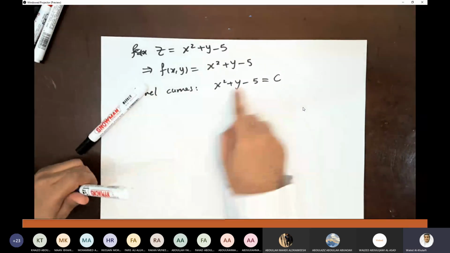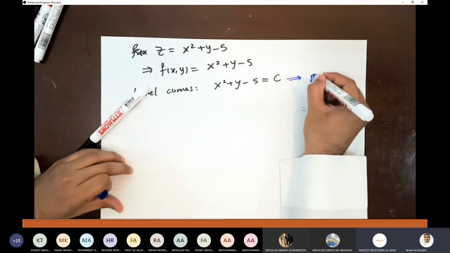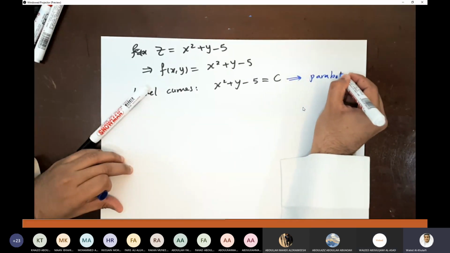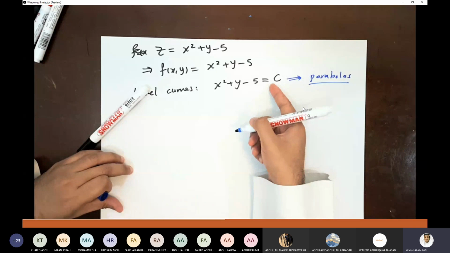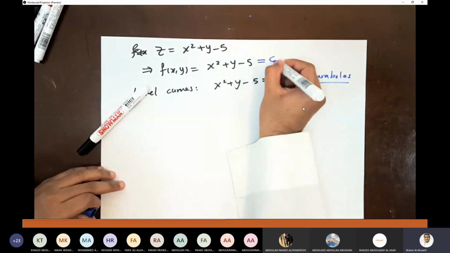What does it represent in the xy plane? Parabolas, very good. Every time you change the c, you get a new parabola. So f of x y equals c.